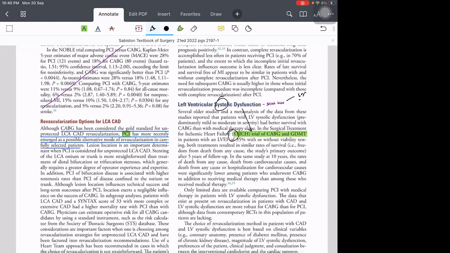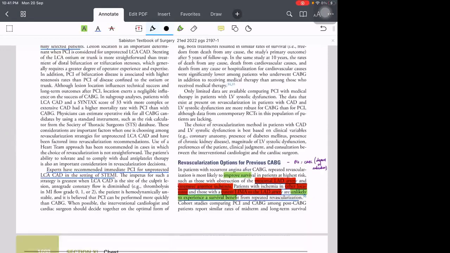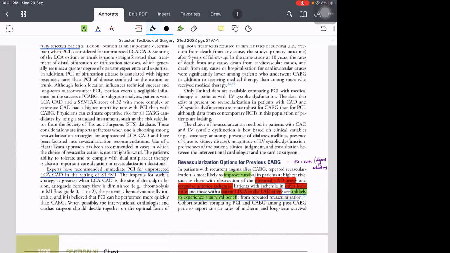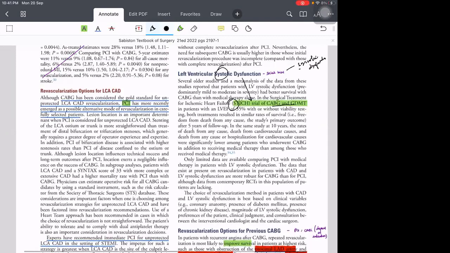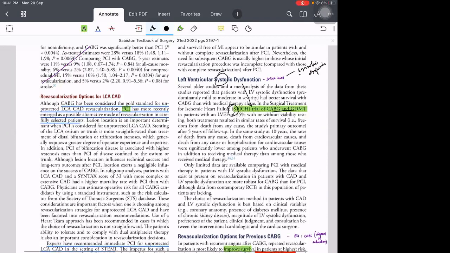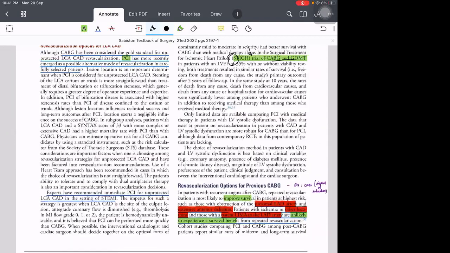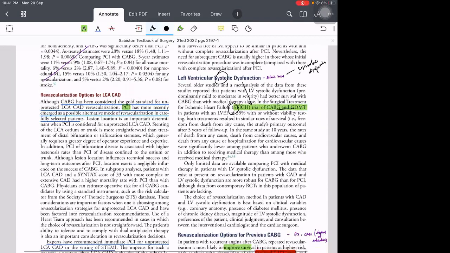The STITCH trial is for systolic dysfunction. It compares CABG with GDMT. So the STITCH trial is mainly for left ventricular systolic dysfunction.